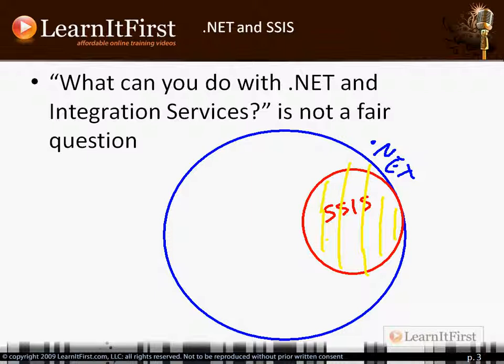And you're trying to extract, transform, and load. Sure, it has all these other capabilities as well, like processing cubes and executing other kinds of SQL scripts and such. But primarily, it's an ETL tool, and it has a fairly minor scope. Whereas .NET has this massive scope of things that it could do.